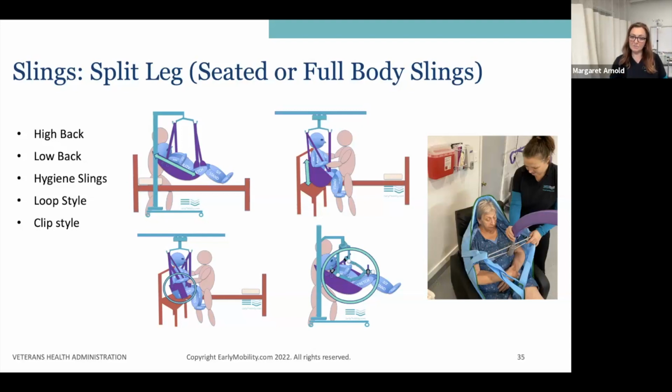And there are clip style split leg slings that are like the high back, but again, connect to the dynamic positioning system with a clip style hanger bar and the plastic clips on the sling, which connect to the attachment points on the hanger bar.